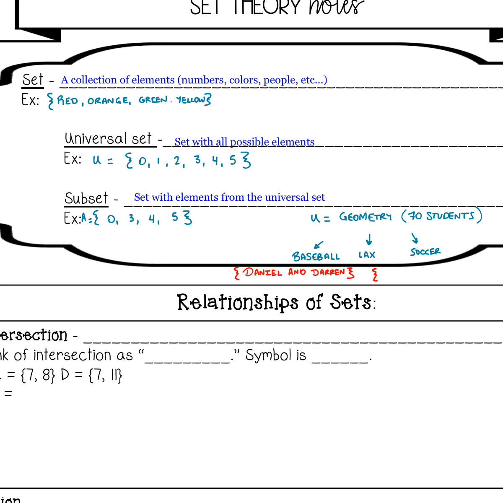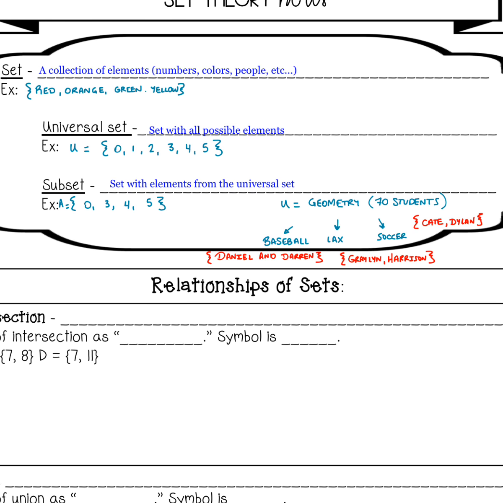Some lax players would be Graylin and Harrison. Those are in my universal set and they play lax. And then soccer would be Kate and Dylan. Again, I'm sure I forgot somebody, but I'll use two of each one, so don't get too mad at me.